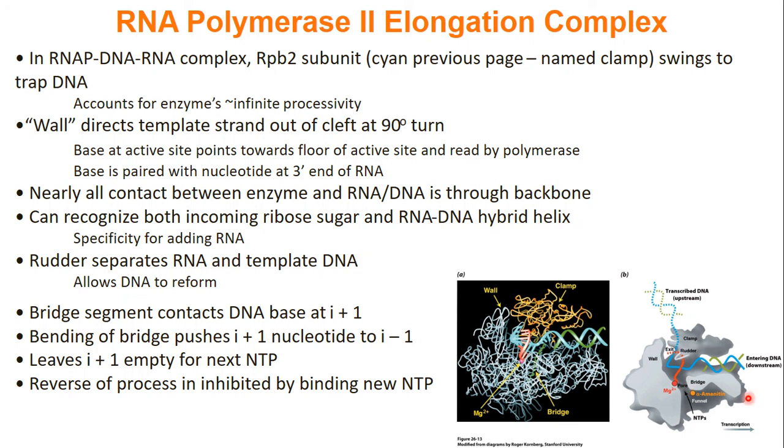And since our new nucleotide comes into the I+1 position, our DNA cannot move backwards. If a nucleotide didn't come in, you could think what we just pushed to the I-1 could go right back to the I+1. But since a new nucleotide is there, we are preventing any movement from going backwards.